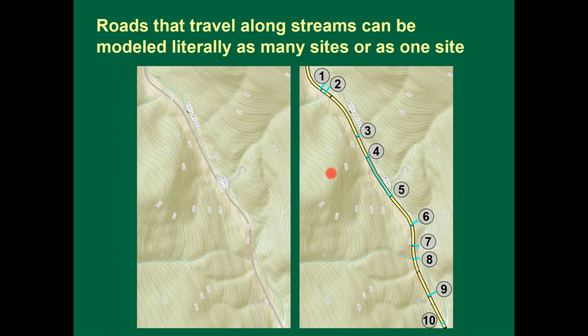But where is the critical crossing, where stream flow would be lower and the proportional highway runoff higher, which is the dilution factor, to see what might be the critical point along the stream with the worst ratio of highway runoff to receiving water. So you can either model these as 10 literal sites, or model it as one hypothetical site using these representative conditions.